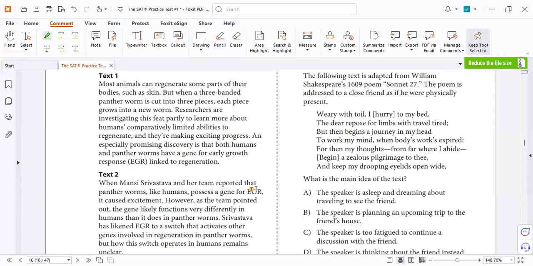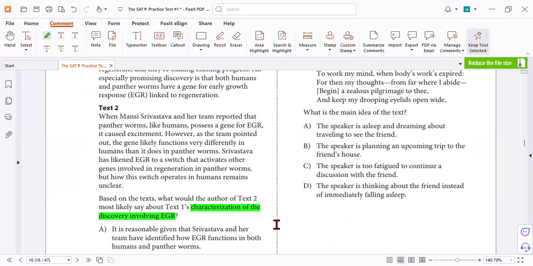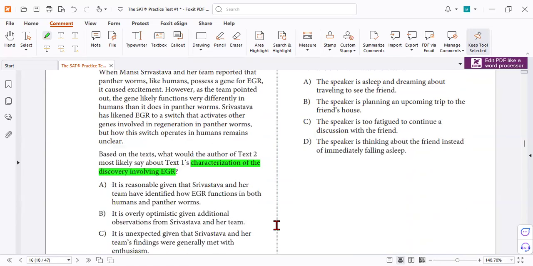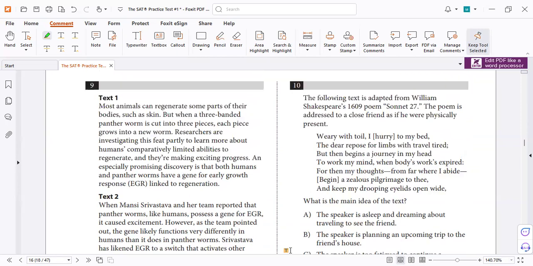9C, let's read again. Okay. B. Letter B, and that is correct.